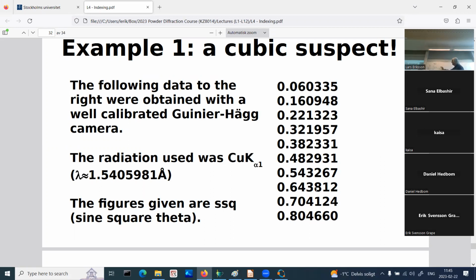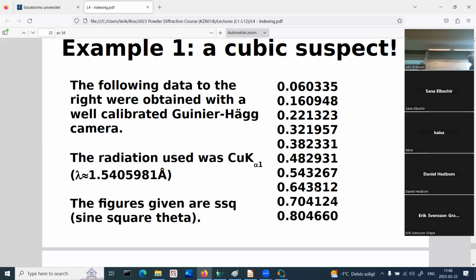Or we can maybe go further. h squared plus k squared plus l squared times the first sine squared theta, then we can solve this unit cell parameter, and we can use that to check all the other lines.